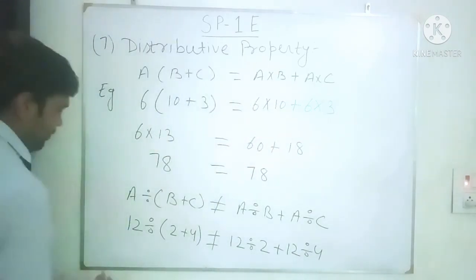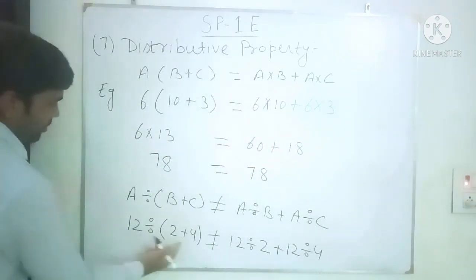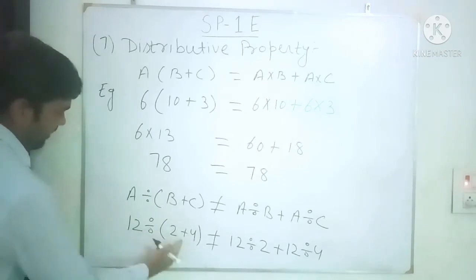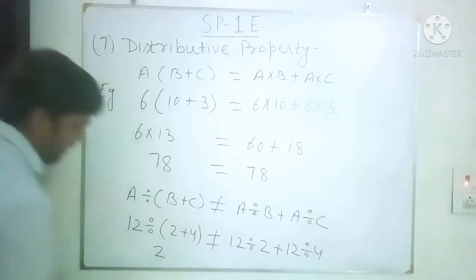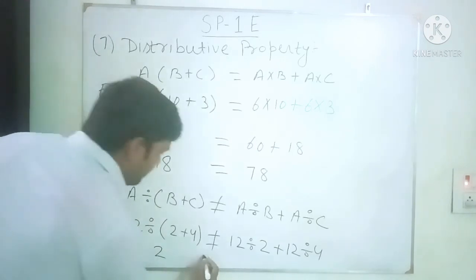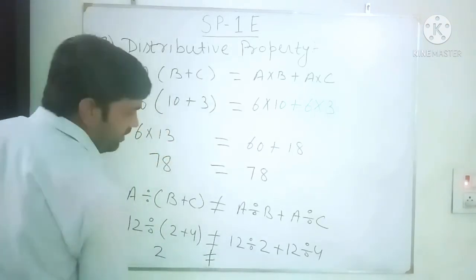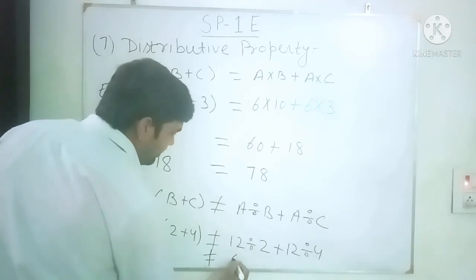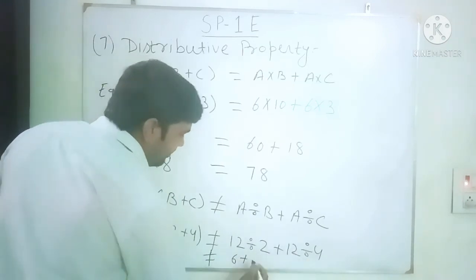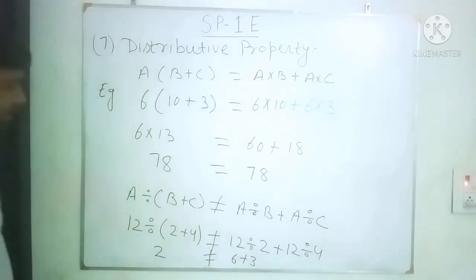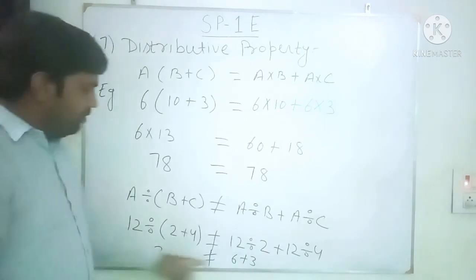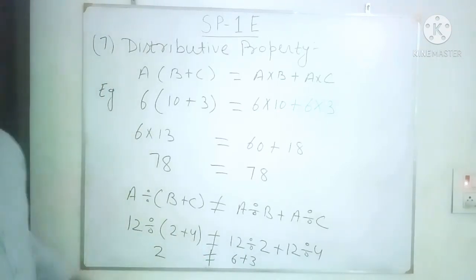See what you are going to get. 2 plus 4 is 6, and 12 divided by 6 gives the quotient 2. Now 12 divided by 2 gives 6, plus 12 divided by 4 gives 3, and 6 plus 3 is 9. So 2 is not equal to 9. So this is the verification of all the properties.